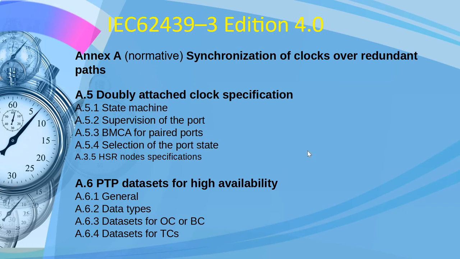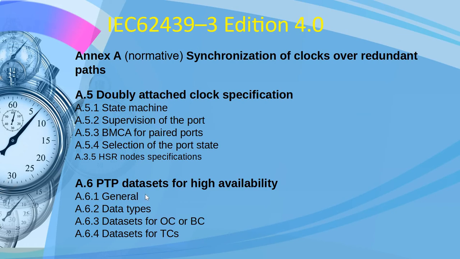Chapter 5 in the Annex A includes the following content. For the doubly attached clock: the state machine, supervision of port, BMCA for paired ports, selection of port state, HSR node specification.